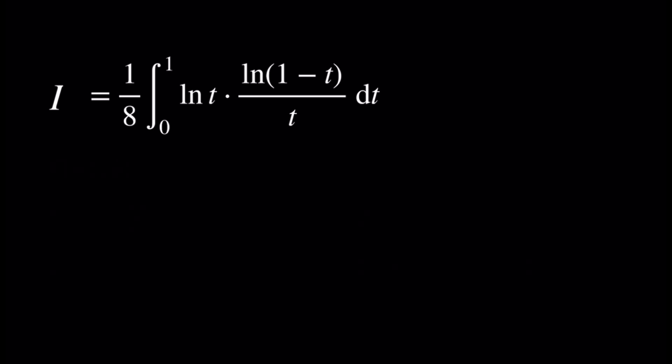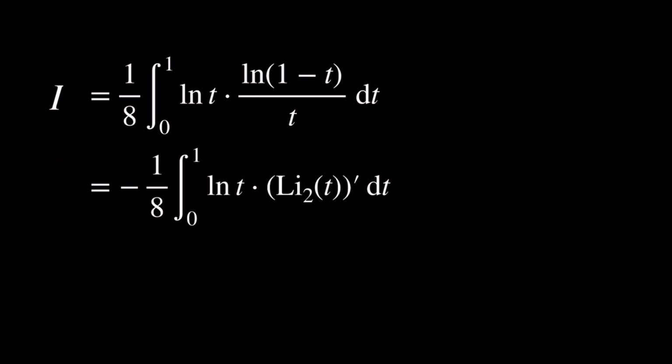Well, the only way it can appear is as a derivative. So we can now rewrite the integral as negative 1/8 times the integral from 0 to 1 of log of t times Li2 of t prime. So that's the derivative of the dilogarithm function. Now we can integrate by parts.